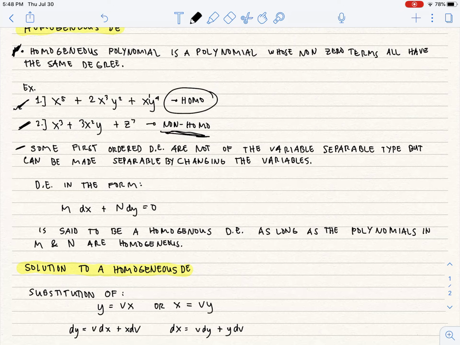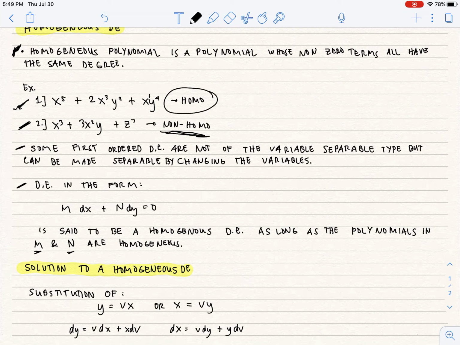Okay. So next, DE in the form M multiplied by dx plus N multiplied by dy is equal to 0. Familiar naman ta ani sa previous na lecture. So ang pasabot ani, kanang form na DE is said to be homogeneous DE as long as the polynomials in M and N are homogeneous.